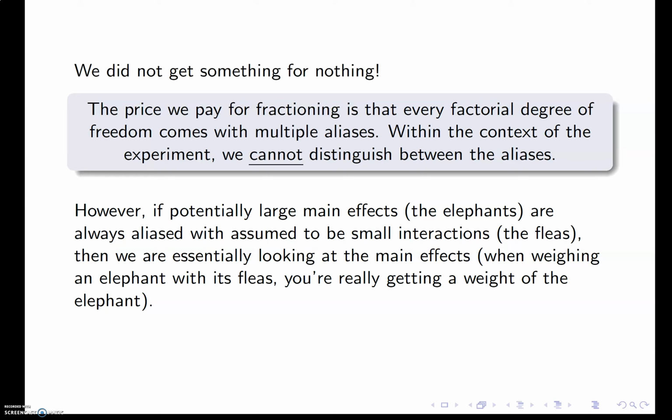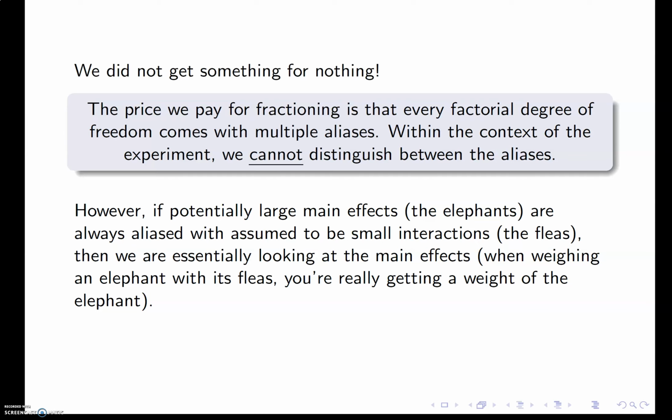Gary makes a really important note here that I think we want to pay some attention to for sure. He says if potentially large main effects are always aliased with what's assumed to be the fleas of the experiment, then we're really just getting those main effects. And that's not a bad thing.